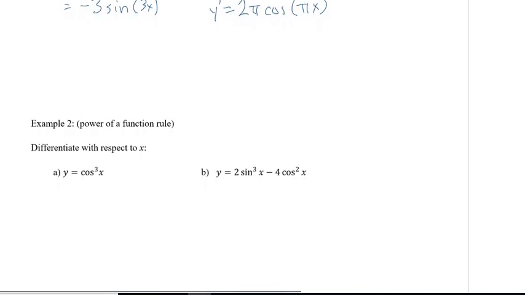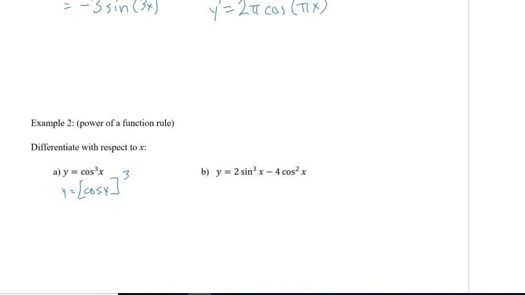Let's deal with something a little bit different. This is called the power of a function rule. Essentially, it's just kind of the chain rule in disguise, and you'll see why in just a second. So let's take example A. It says y equals cosine cubed of x. But we know we can just rewrite that as y equals cos of x, cubed.